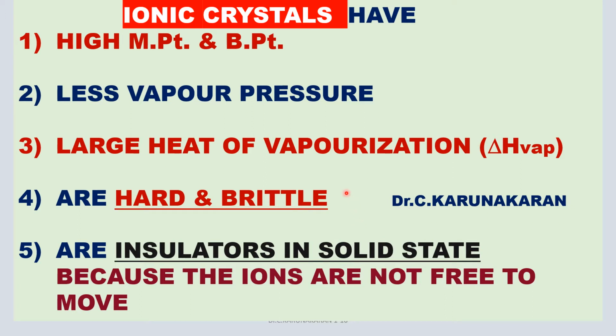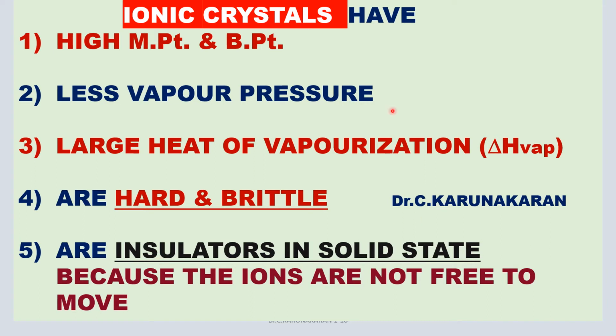When you apply force, the layers shift, so a sodium ion, whose neighbor was a chloride ion, comes close to another sodium ion instead of a Cl minus ion. Therefore, there will be repulsive force between Na plus and Na plus ions. As a result, the ionic crystals become brittle, like glass or a mirror.